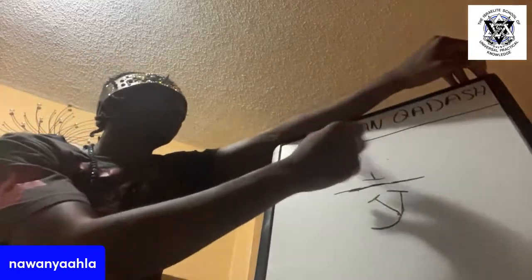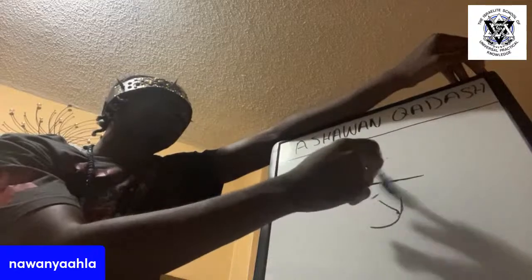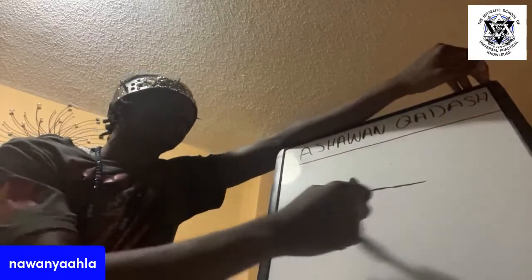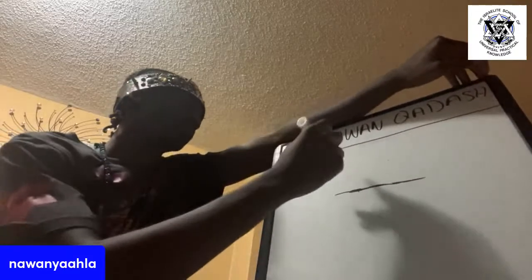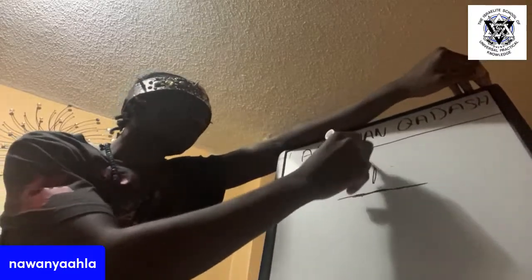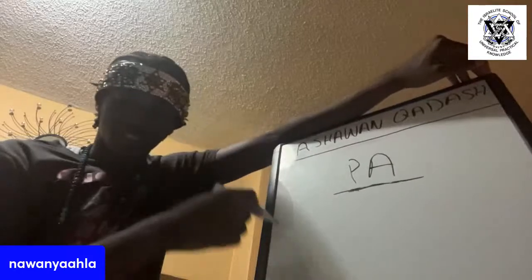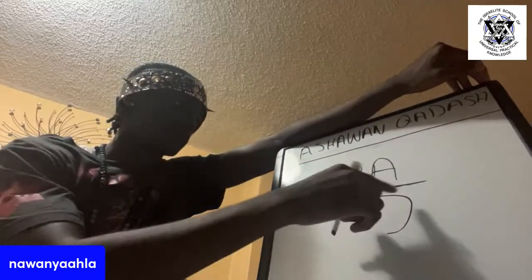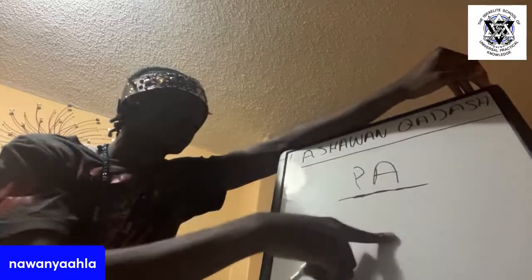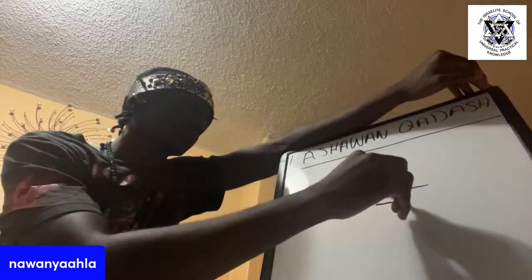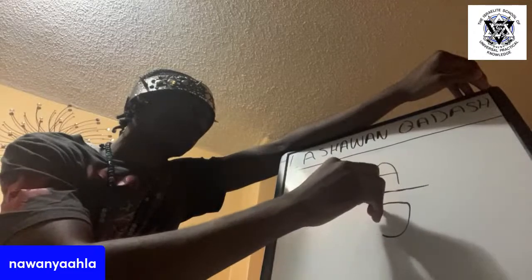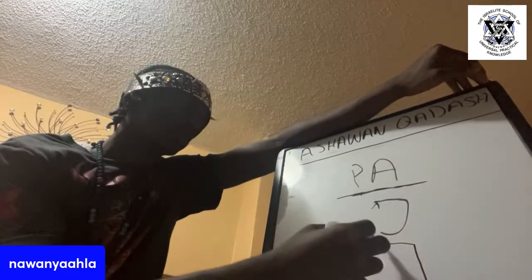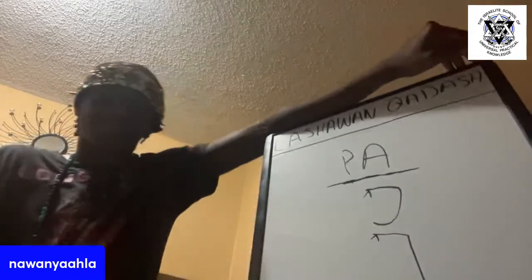Next up, we got the pa. The pa is our fourth character that has a different symbol at the end of a sentence. So the pa, this is the pa beginning, middle, end. That's like beginning or middle of the sentence. And this is the pa at the end of a sentence.